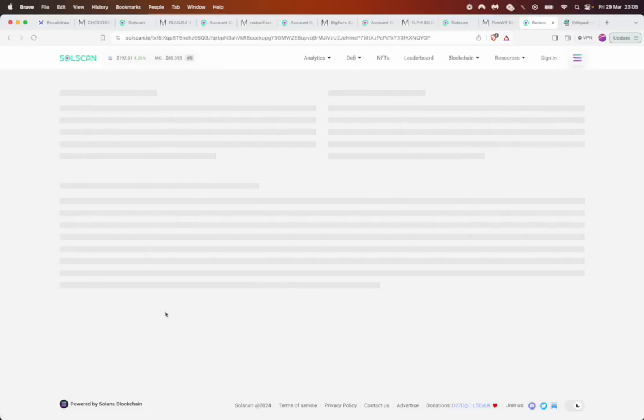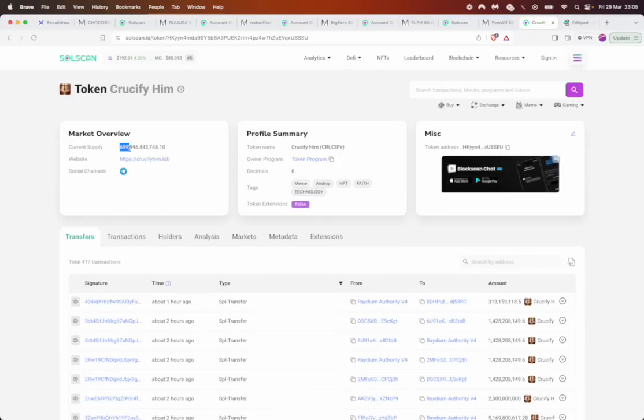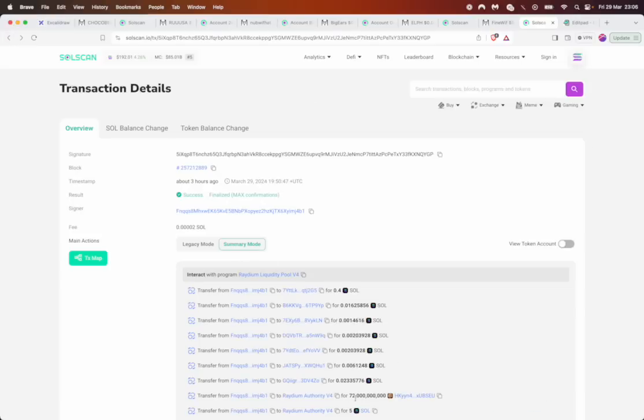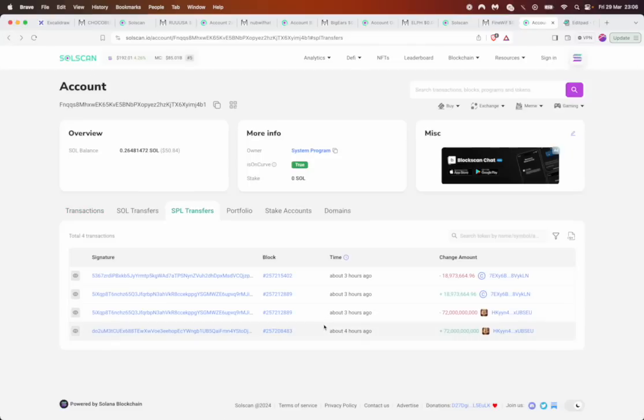And here he adds to the liquidity pool, but let me check real quick. This is the full supply, it's 699 billion. The developer only added 72 billion, meaning there's many more somewhere else. The developer did not put everything in the liquidity pool. He tricked you again.